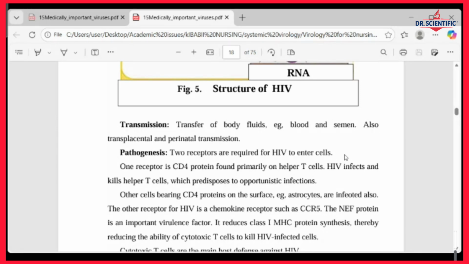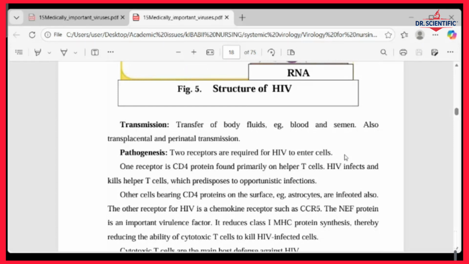When you commonly hear about the CD4 count, it is because this receptor is found primarily on the helper T cells.